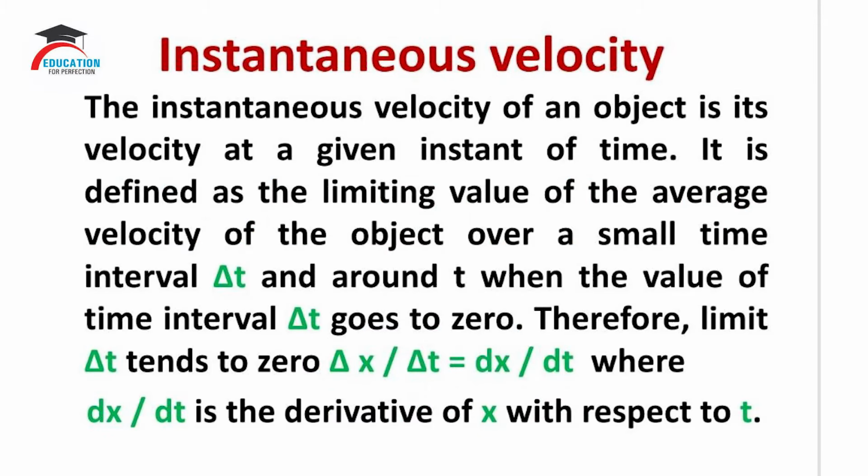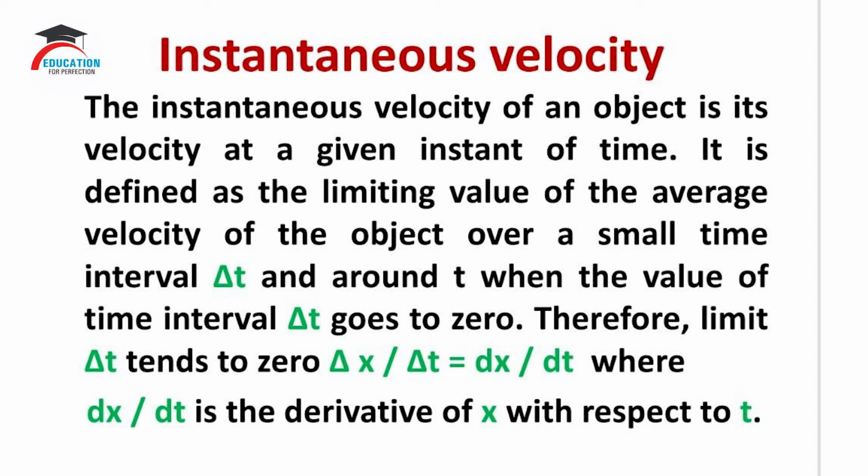So friends, today in this video we shall try to understand another subtopic in physics, that is the instantaneous velocity. The instantaneous velocity of an object is its velocity at a given instant of time. It is defined as the limiting value of the average velocity of the object over a small time interval delta t around time t, when the value of the time interval delta t goes to 0.